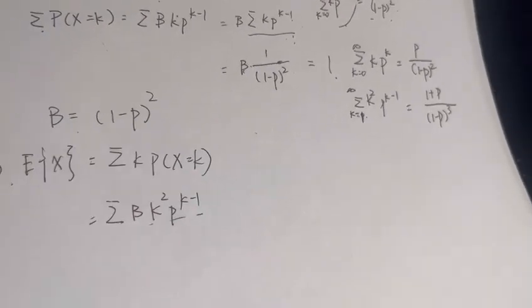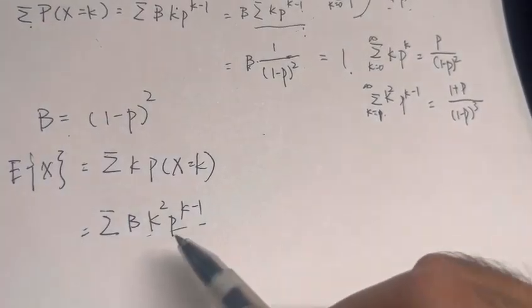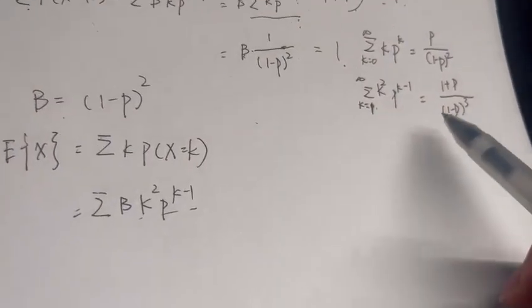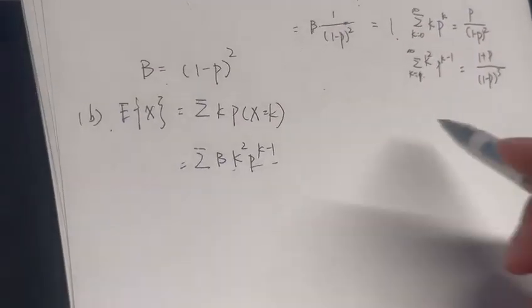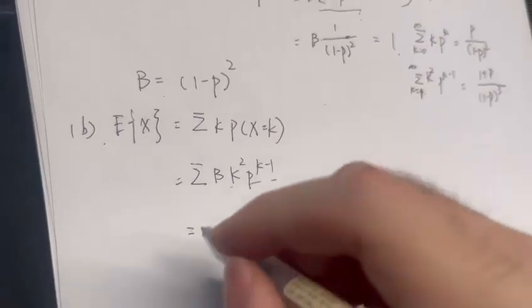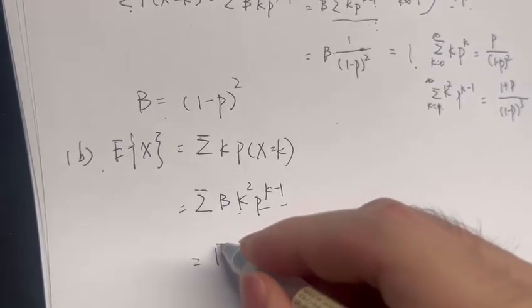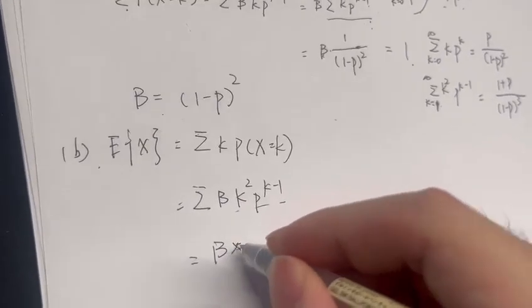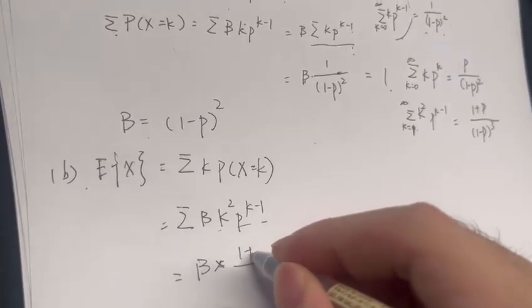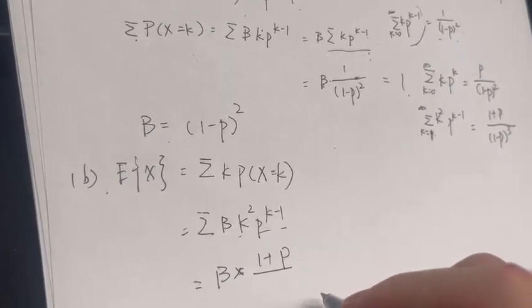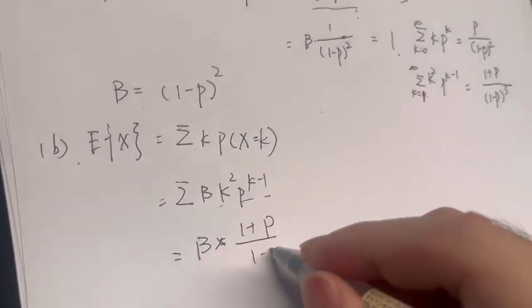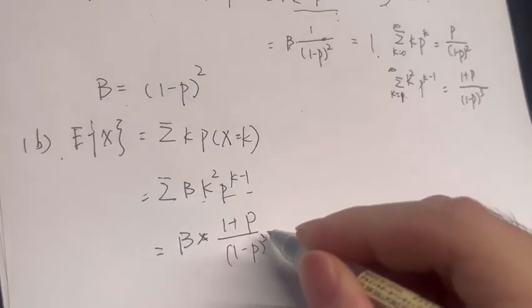So as you can see, this part is the same as this part, so we can substitute this part into this equation, and then we can get this equal to b times (1 plus p) divided by (1 minus p) to the power of 3.